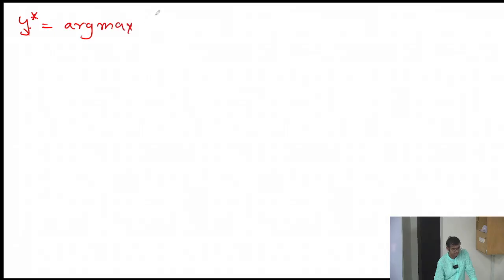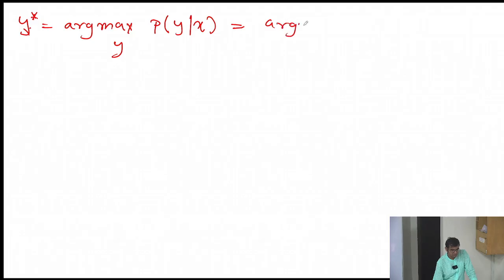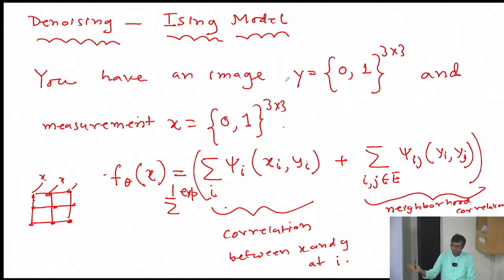So basically, you find y star equal to argmax probability of y given x, which is equal to argmax probability of y comma x, and since Z is a constant, you can remove it and work without it.